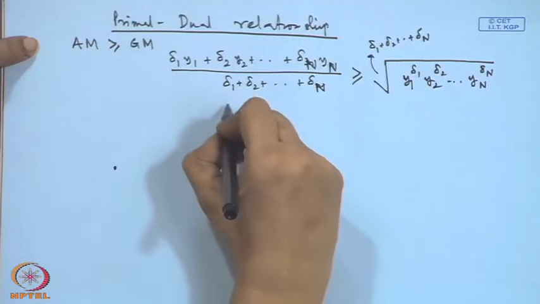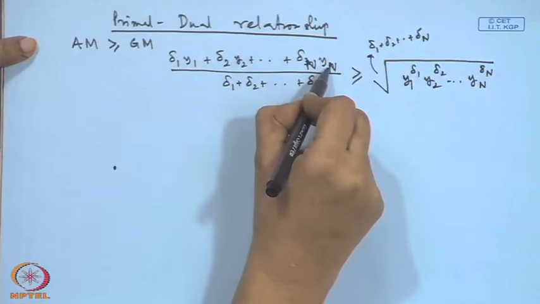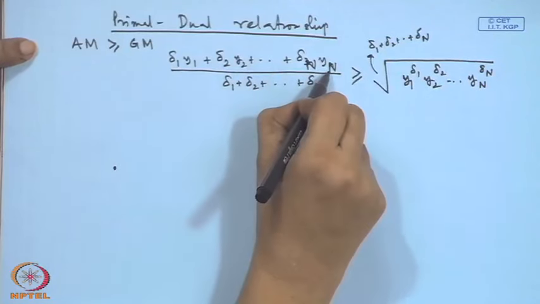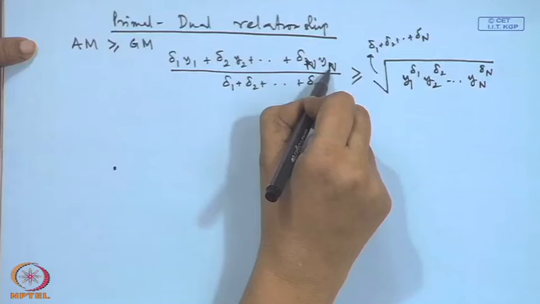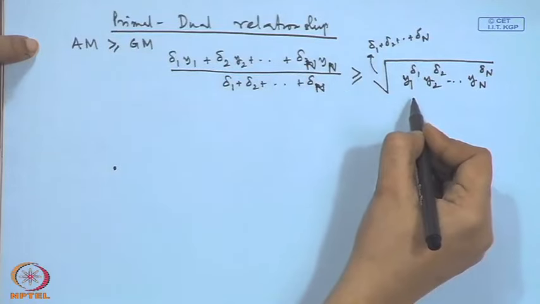This is the arithmetic mean of capital N quantities y1, y2 to yn, where the weights we have taken as delta 1, delta 2, up to delta N, and this is the geometric mean.